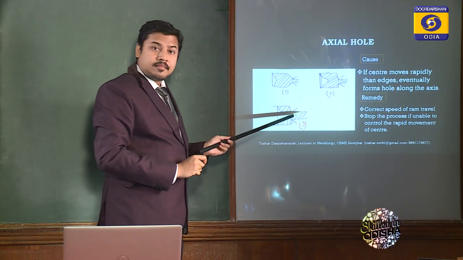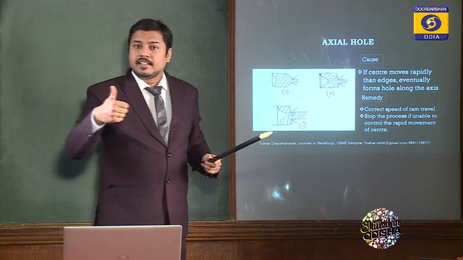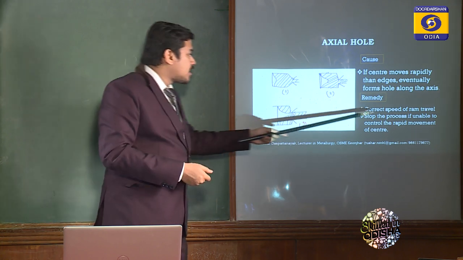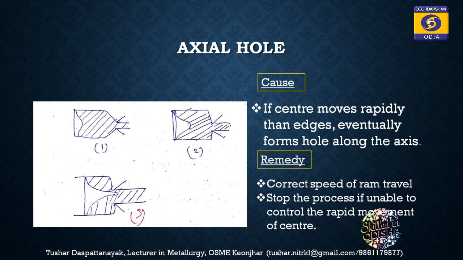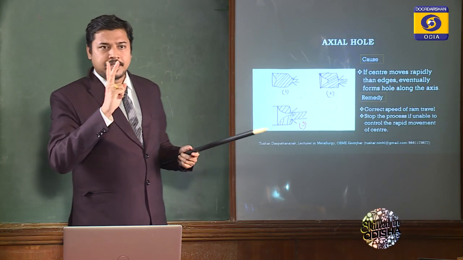So what is the remedy? Remedy is correct speed of ram travel. Ram travel should be proper. Or another one can be stop the process if you can't control the movement of ram travel. Two remedies basically.